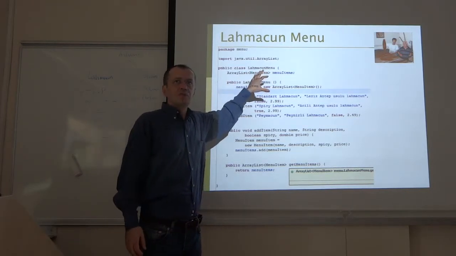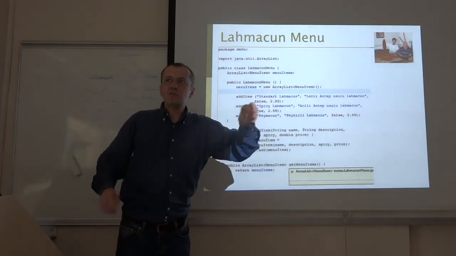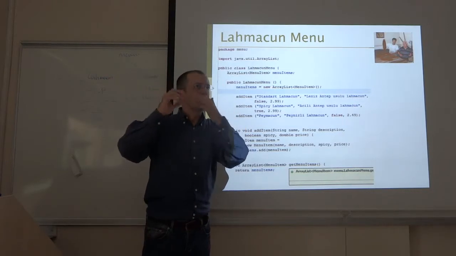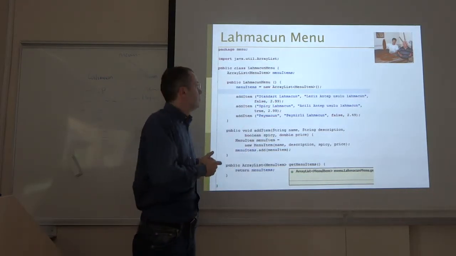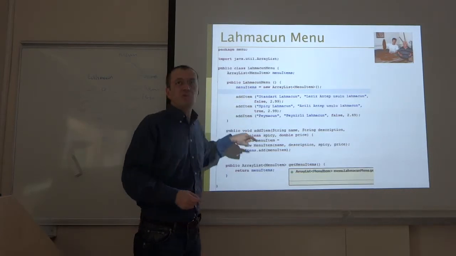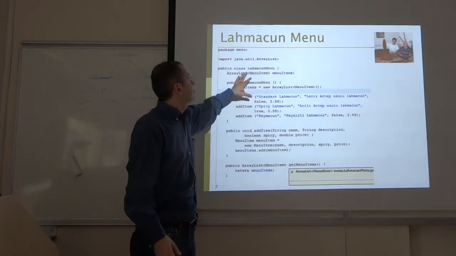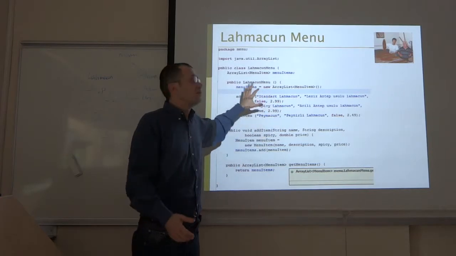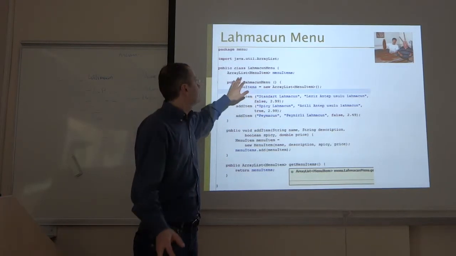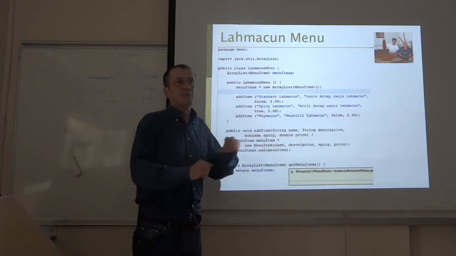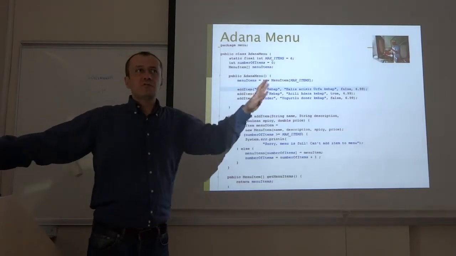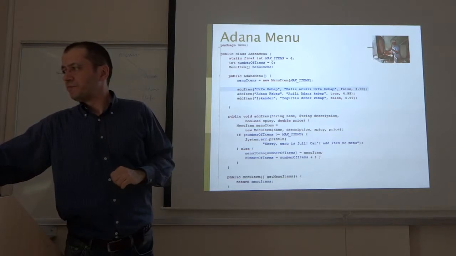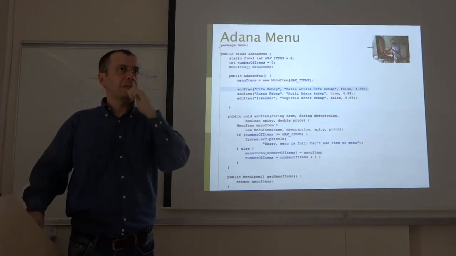I will use the lahmacun menu and the Adana menu, and my other class object will give me these items one by one. When I supply it the Adana menu, without any problems, it will provide me these. When I supply the lahmacun menu, the same is true. Okay.